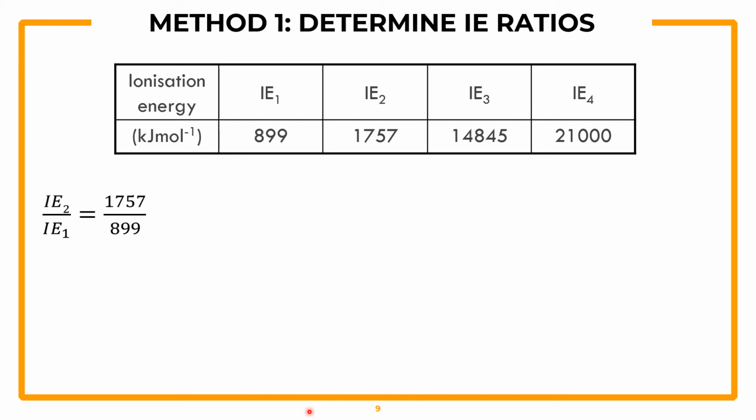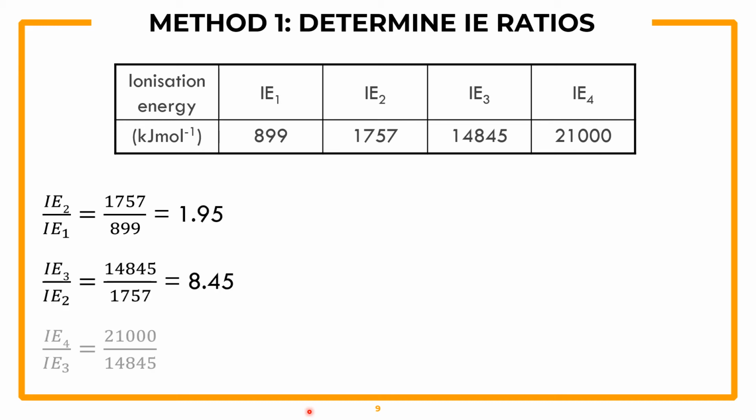So mula-mula cari nilai ratio of IE2 over IE1. And then IE3 over IE2. Dan lastly IE4 over IE3. I hope you can see the sequence over here. Okay, sequence dia adalah 2 bahagi 1, 3 bahagi 2, 4 bahagi dengan 3. So awak dapatlah nilai-nilai seperti di sini.